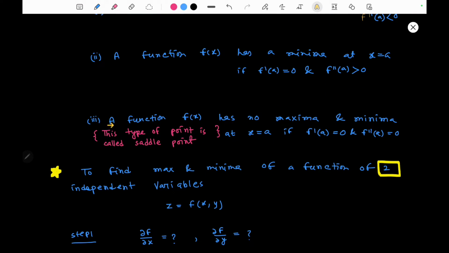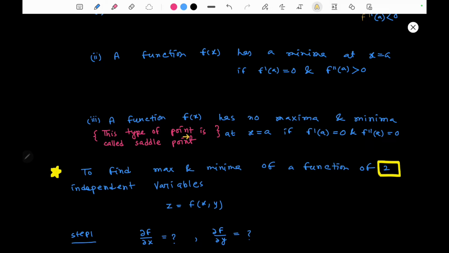One more point is there. A function f(x) has no maxima and minima at x = a if f'(a) = 0 and f''(a) = 0. So it is not greater or less than 0, it is equal to 0. Then we cannot say that it is a maxima or minima.